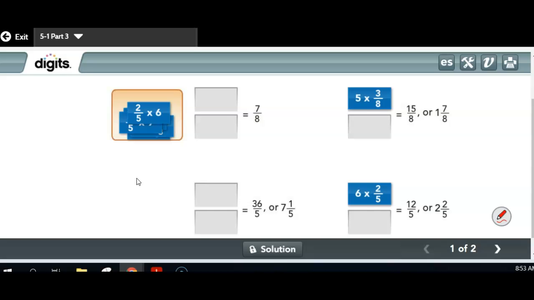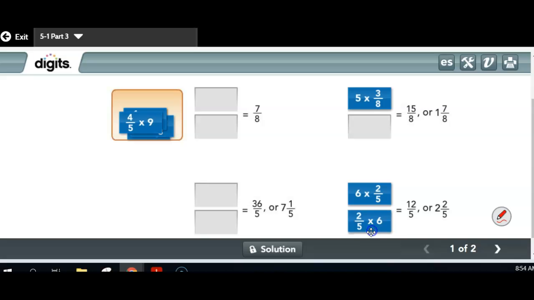What do you got, Jay? Okay, we're solving for our answer. 2/5 times 6. Easton. Jaden. 2 and 2/5.